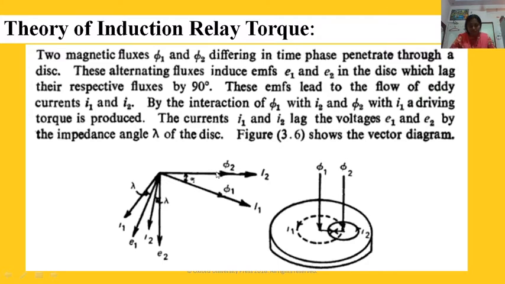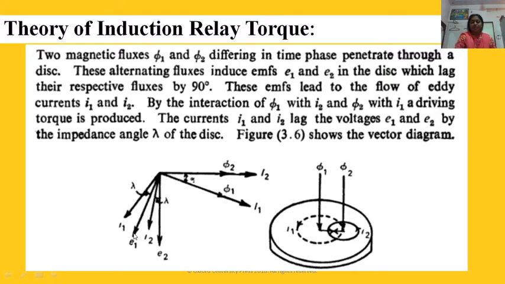Because of this phi2, EMF is produced in the disk that lags behind by 90 degrees. This EMF E2 is due to flux phi2, while current I1 will produce phi1, and due to this phi1 EMF is induced in the disk that is called E1, and due to E2 and E1 eddy currents are flowing, that is I1 and I2.